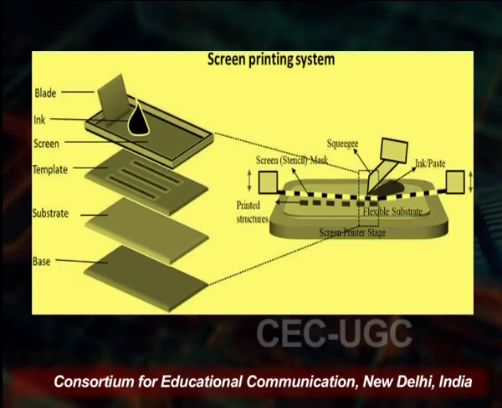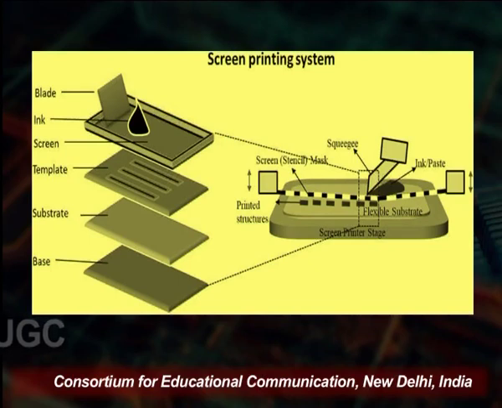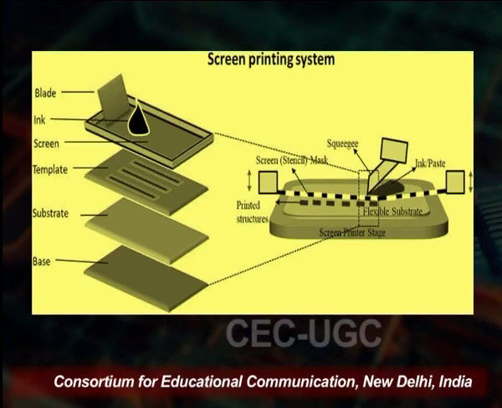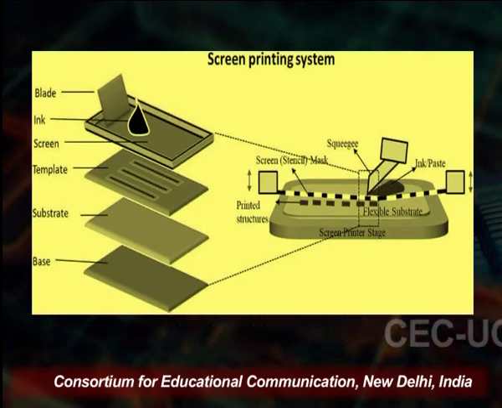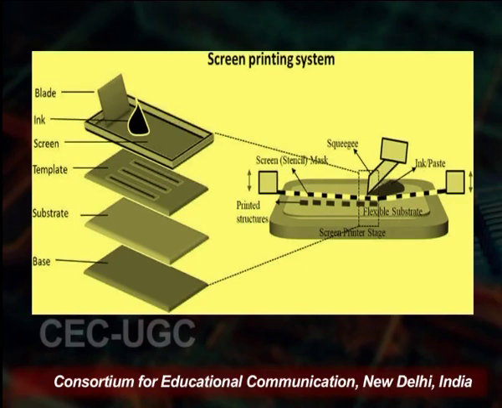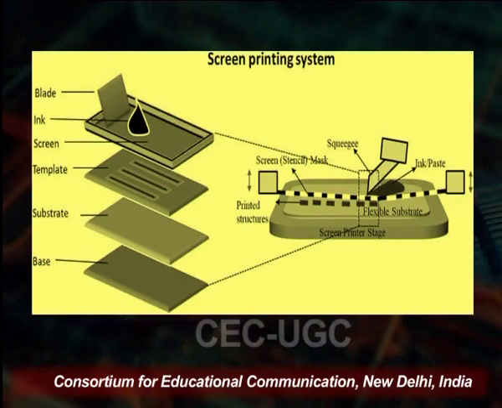Now you see the screen printing system. Here is a broader form of it. We have a squeegee, ink, a screen, a template, a substrate and a base. First we create the base, then we have the substrate, then on that substrate we have the template, that is a mask, whatever structure we require to print on that substrate.